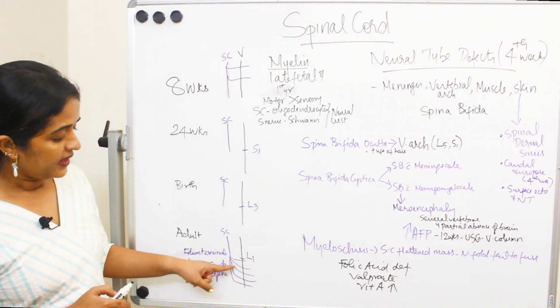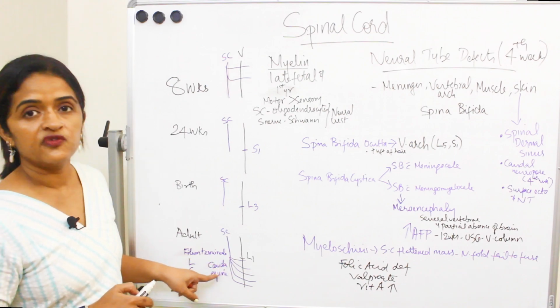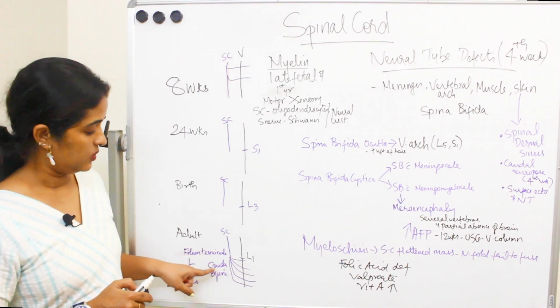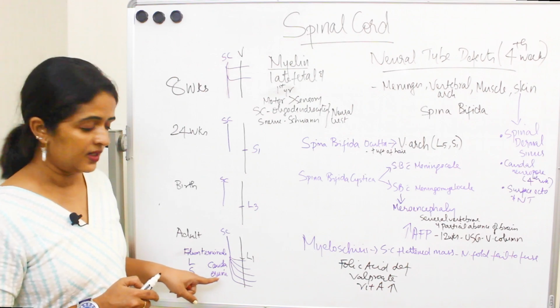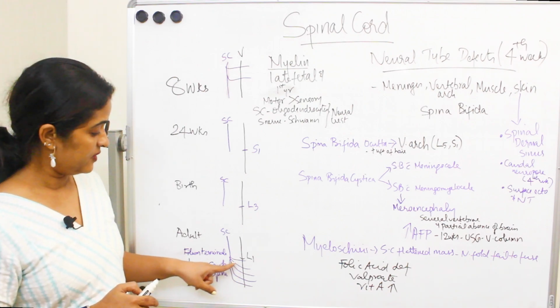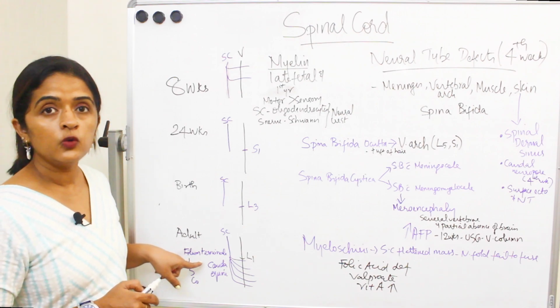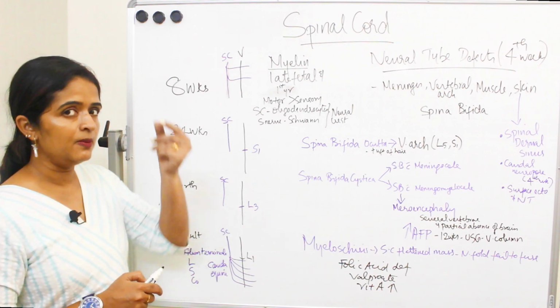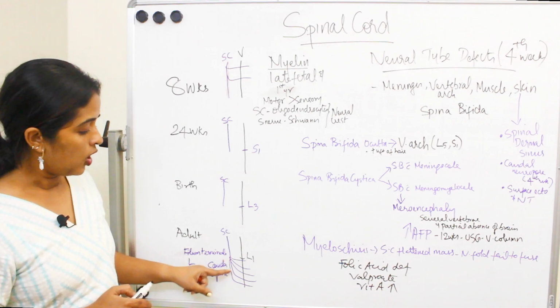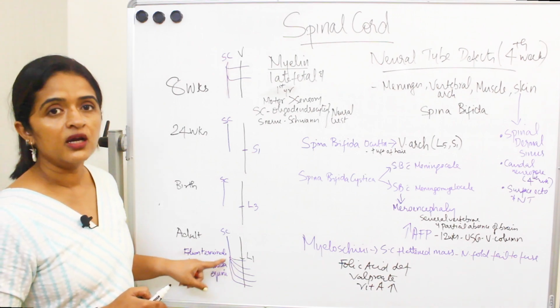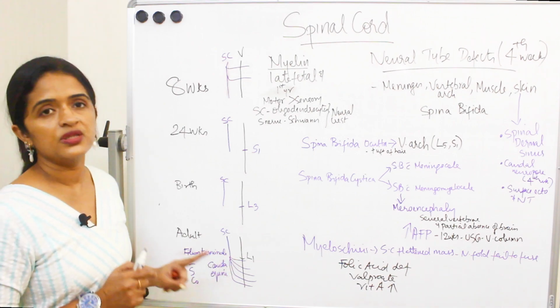That process leads to the formation of the cauda equina. The cauda equina is a group of nerves starting from the lumbar region, then the sacral nerves and the coccygeal nerves, along with the filum terminale, which is nothing but the pial extension. All together it looks like a horse tail, and that is known as the cauda equina.